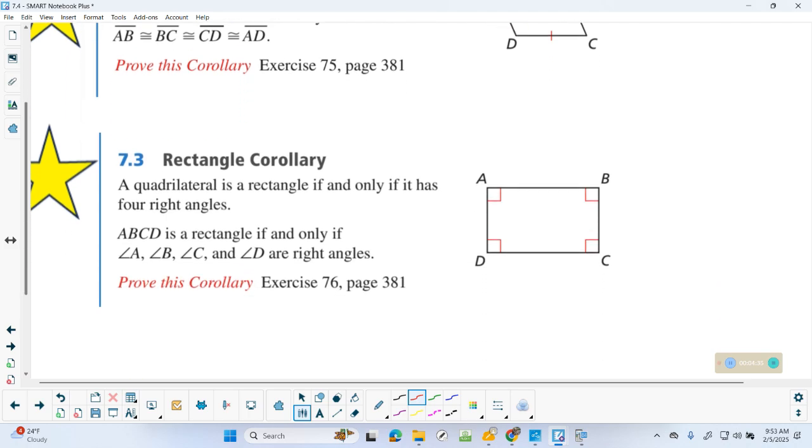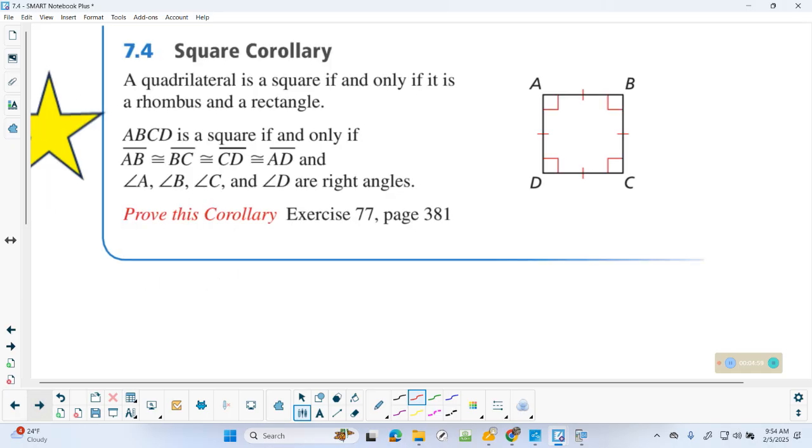Okay, next page. A quadrilateral is a rectangle if and only if it has 4 right angles. So of course, a rectangle is a parallelogram, so it has all 5 of those properties plus this one. It has, of course, the right angle. Now, is that something I feel like I have to hardcore memorize? No, you guys told me that a rectangle has the 4 right angles.